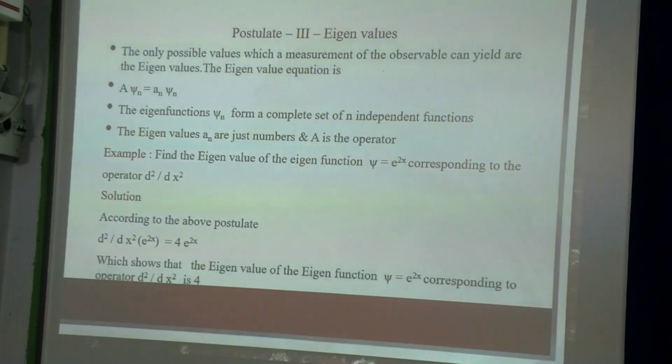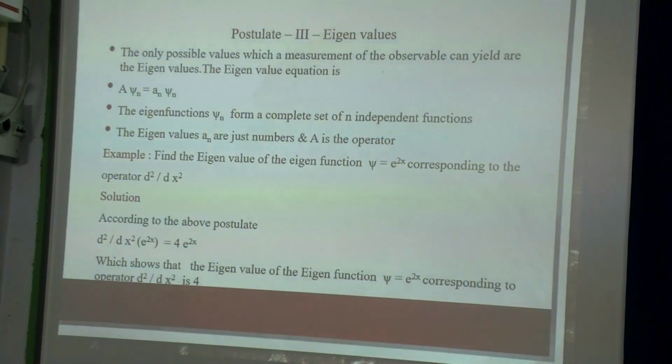If you differentiate twice you will get 4 times e power 2x. We can see that e power 2x is there on both sides, and the eigenvalue in place of A is 4. Therefore, the eigenvalue of the eigenfunction psi equals e power 2x is 4.